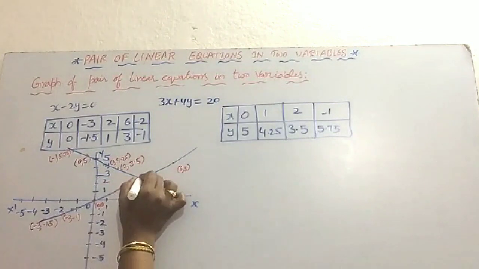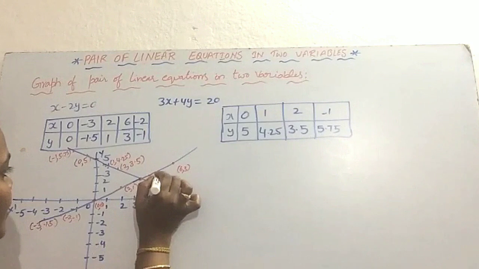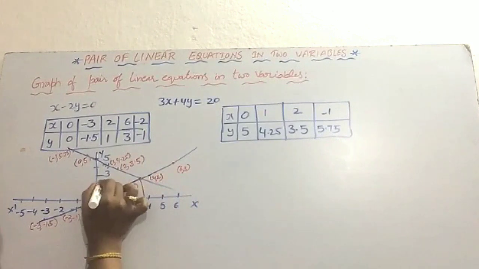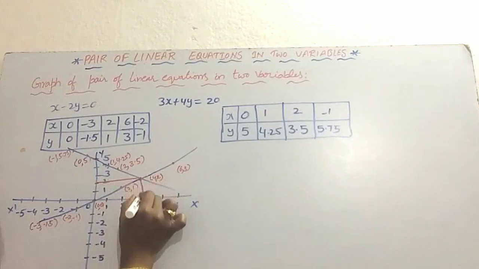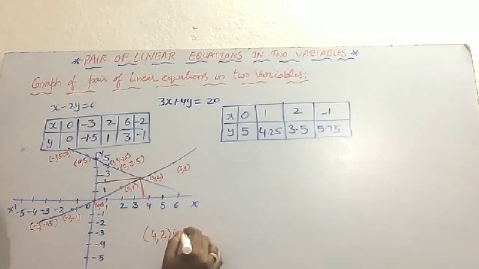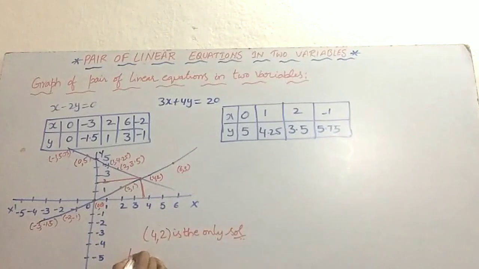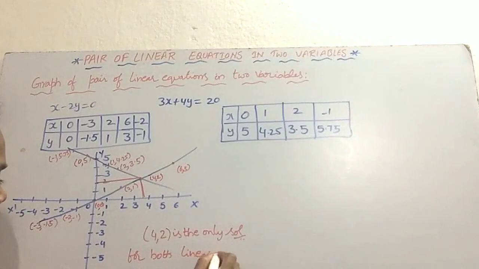The intersecting point here is 4, 2. 4, 2 is the only solution for both linear equations.